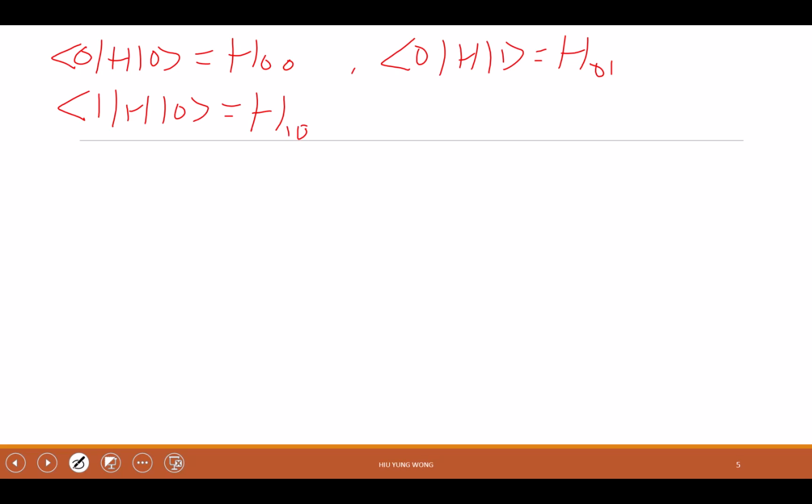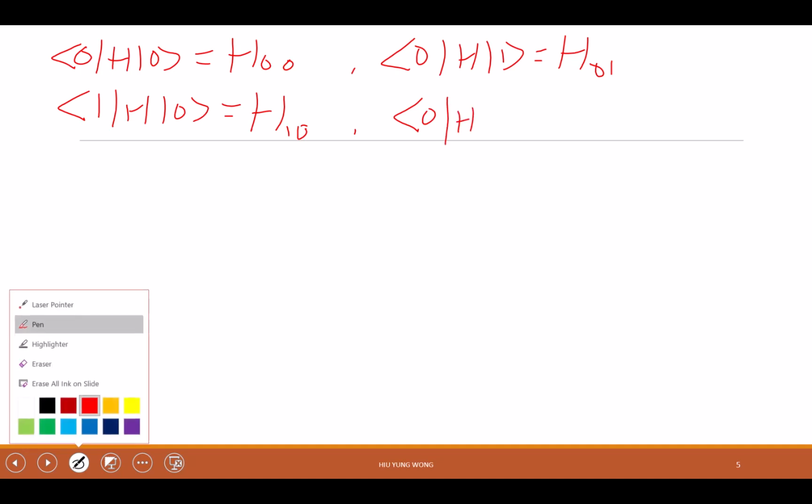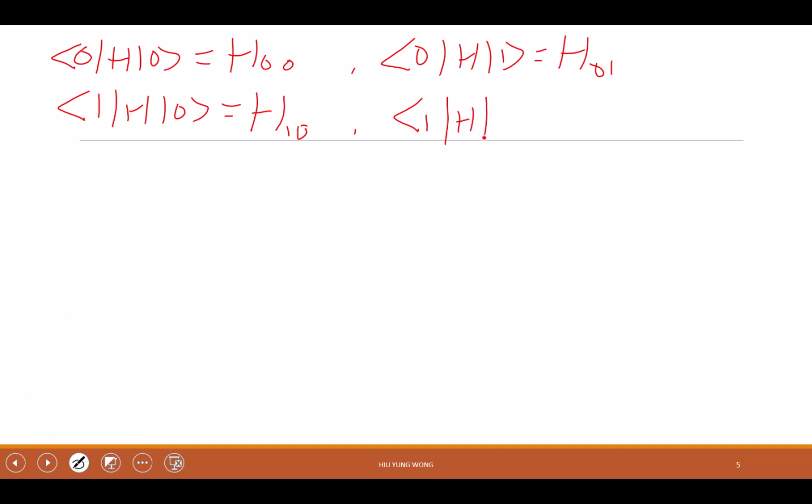And that is the difficulty in solving the equation. You need to evaluate this number. Once you know this number, the rest is just a system of linear equations, right? And I also have H11, right? Like this. Is that okay?